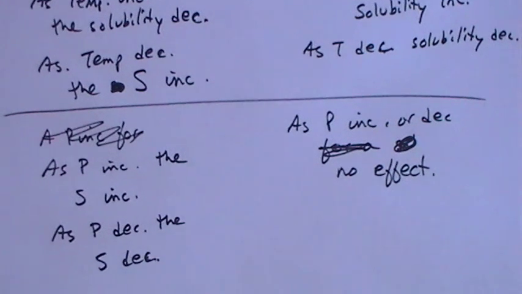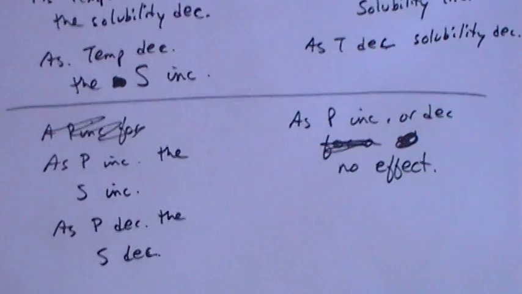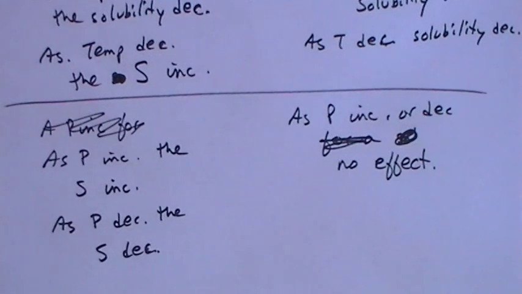So we're talking about the partial pressure of this gas above the liquid. As that increases, you just have more of those gas molecules above the liquid. Since there's a certain chance each one will go into the liquid phase per second, if you have more of them in the gas phase, you have more chances. So the more that will go into the liquid.